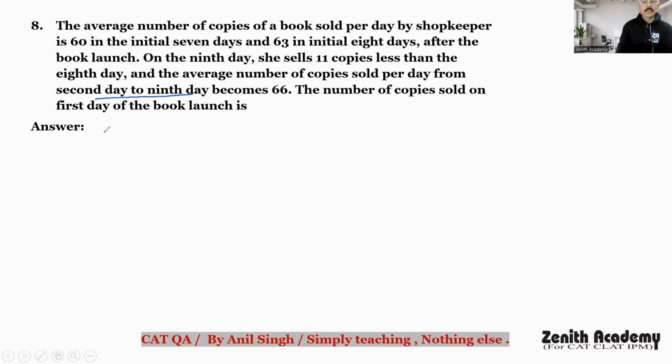Here, from day 1 to day 7, the average is given 60. And from day 1 to day 8, the per day copy selling average is given 63.